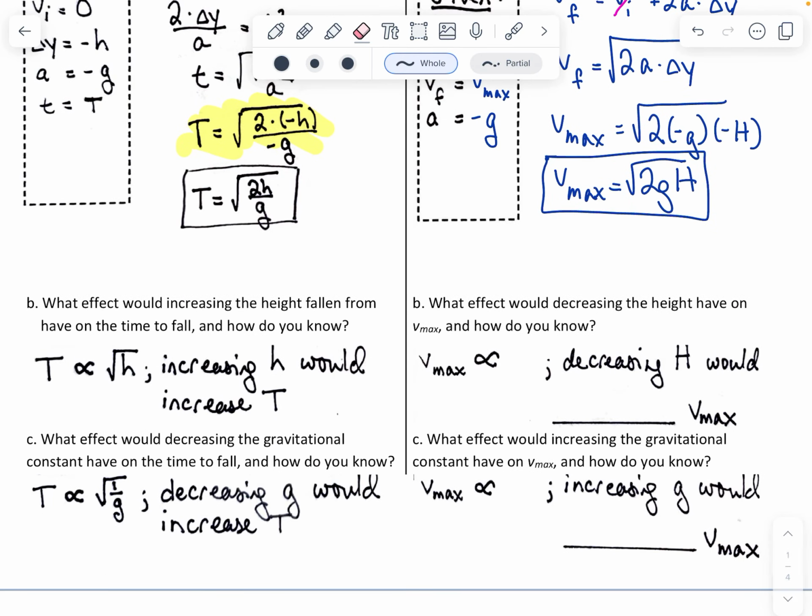Okay, so when we're trying to determine whether a quantity on the other side of the equal sign would increase or decrease our desired unknown, it's simply whether it is on the top of the fraction or the bottom of the fraction. So in the first one, you see that the first relationship I established was between the time and the height fallen.